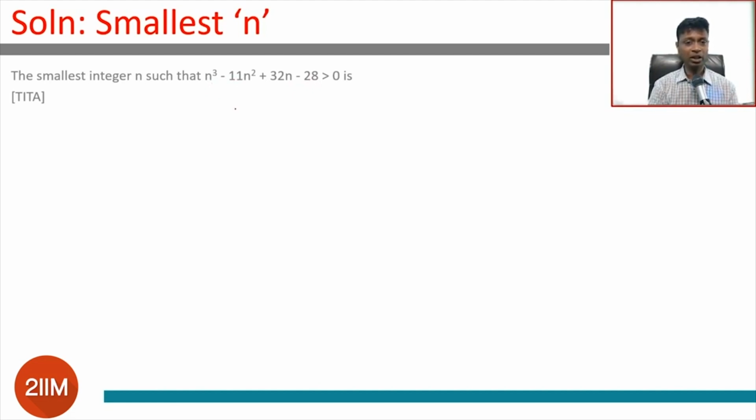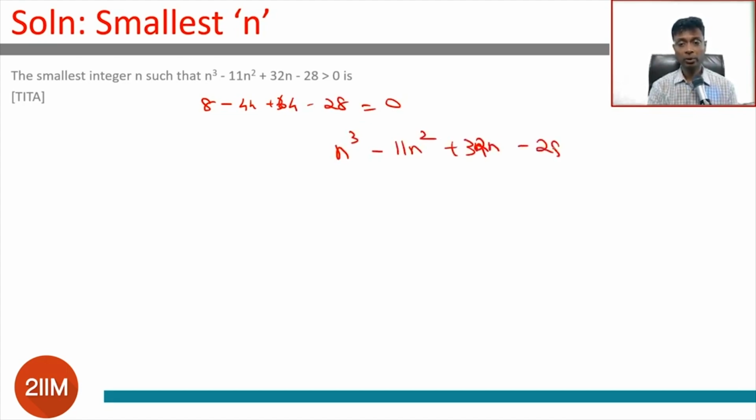This adds up to 33, doesn't work. 2: 8 minus 44 plus 64 minus 28. 72, 72, yeah, this works. So n cube minus 11n square plus 32n minus 28 is a multiple of n minus 2.